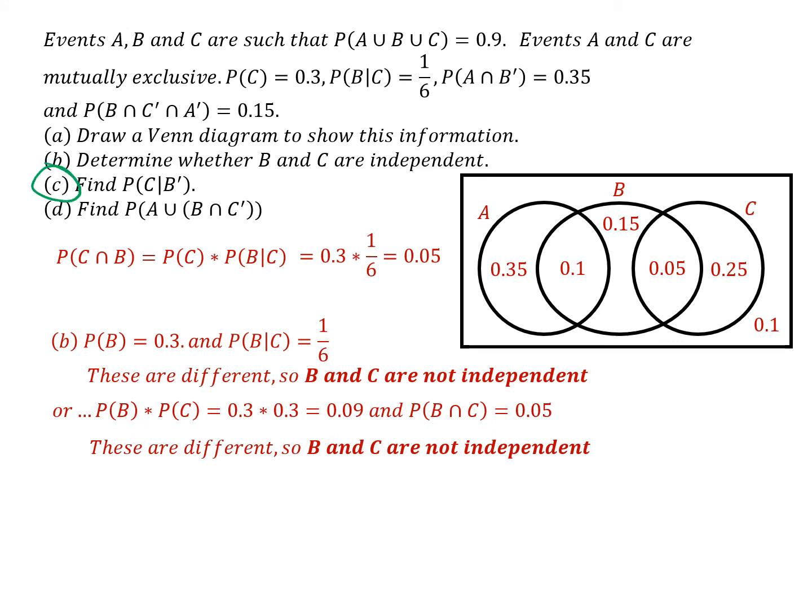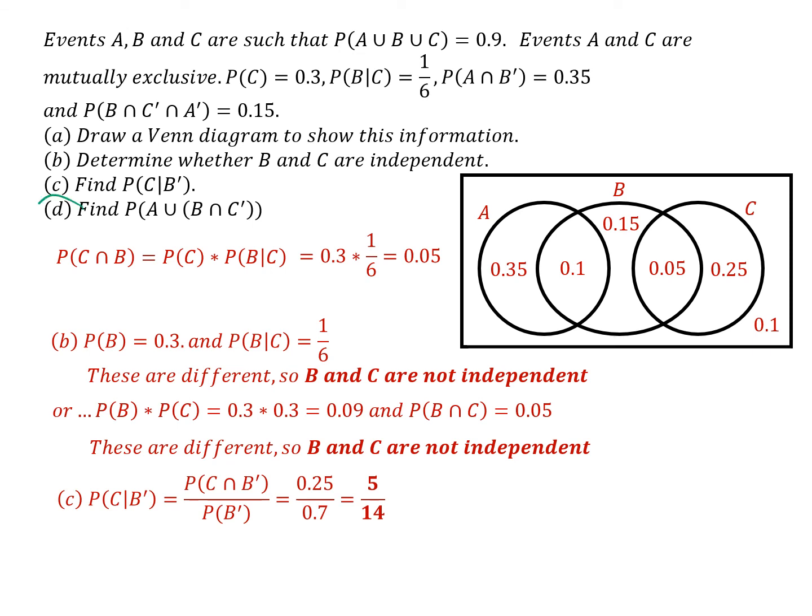Okay, so part C of the question now. Find the probability of C given not B. And there's the formula for the probability of C given not B. When we pop the numbers into the formula, we get 5 over 14.